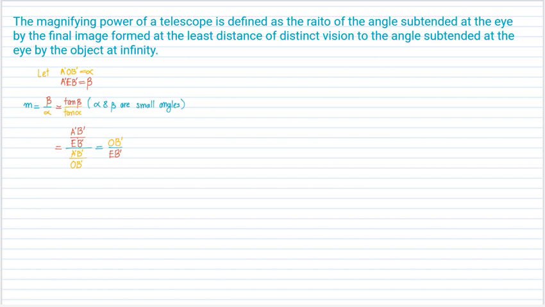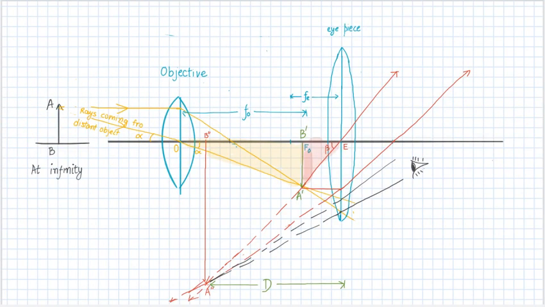Now let's go back to your figure. If you look carefully, what does this O B dash denote? It denotes the focal length f naught, and since it is in the direction of the incident light, it will be positive.